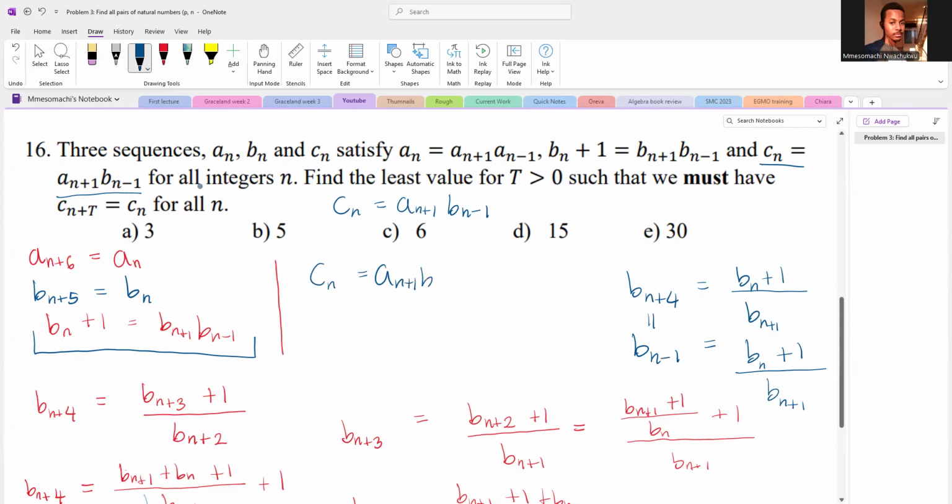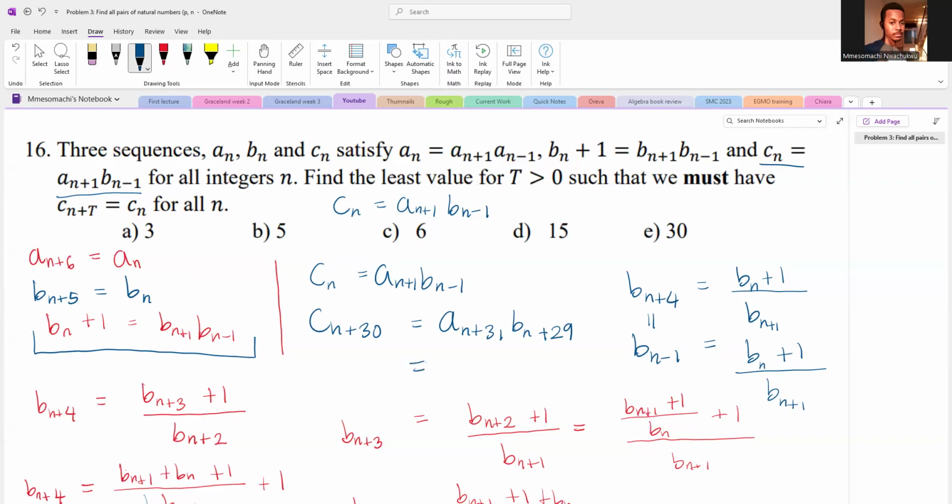And let's look at Cn plus 30. This is equals to An plus 31, Bn plus 29. Okay. So remember that the periodicity of An is 6.